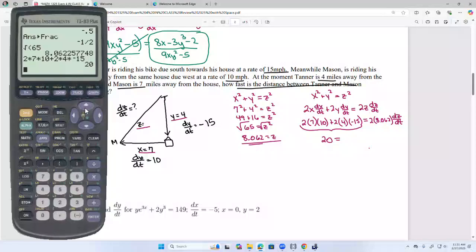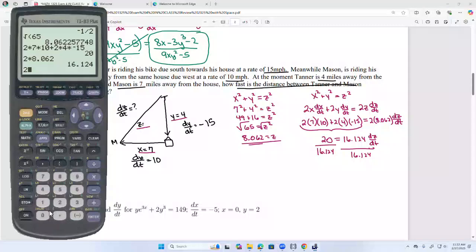I could actually not even use a rounded number if I wanted to. I'm just kidding, I will use a rounded number. And I get 16.124 dz/dt.